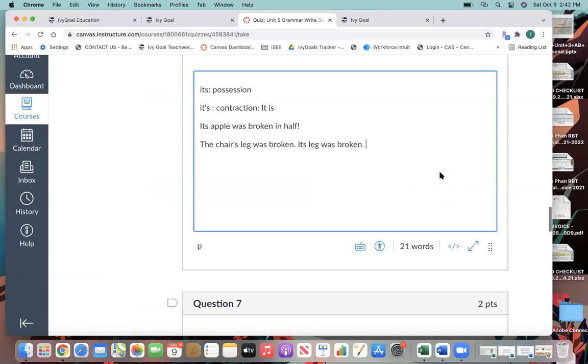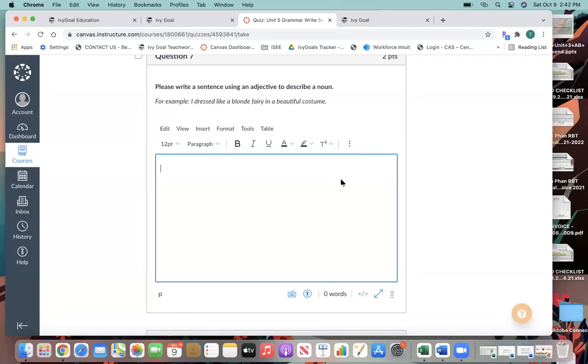Few more. Number 7. Write a sentence using an adjective to describe a noun. Let's describe some things quickly. See if we can finish in 8 minutes.